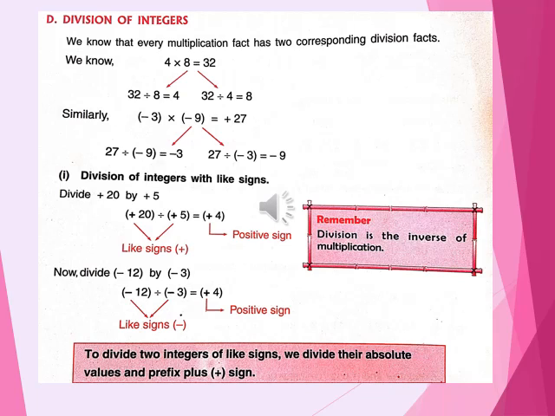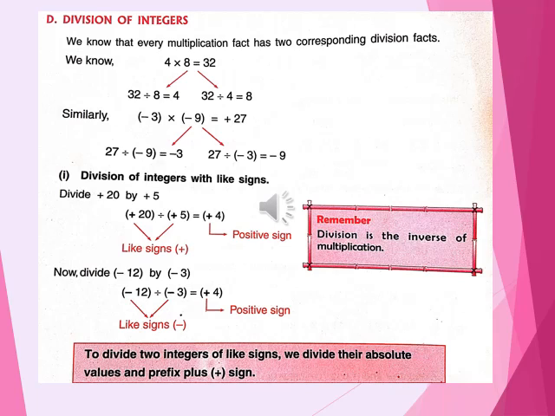Nothing but the same. In the same way, if you take negative numbers, because we are talking about integers, and when we talk about integers, negative numbers are always there. So minus 3 into minus 9 equals 27. When you divide 27 by minus 9, you will get minus 3.